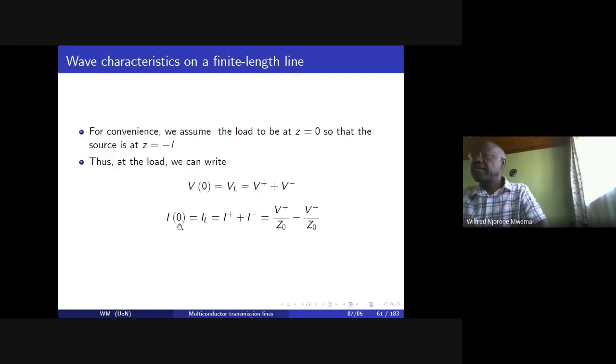The current at Z equal to 0 is the load current IL, and this is given by I plus plus I minus. This is just V plus by Z0 minus V minus by Z0, because if we divide V minus by I minus, we get minus Z0, and V plus by I plus gives positive Z0, and therefore we can write this expression as shown.